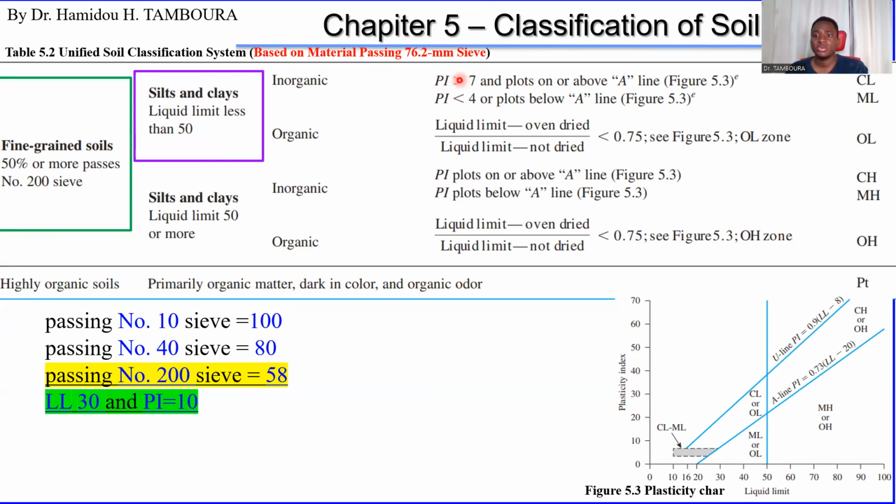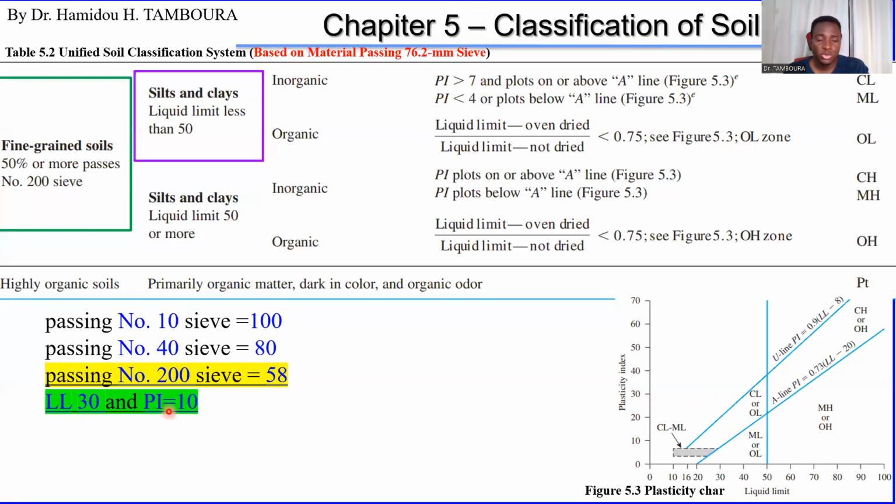It means that we are in this case, the plasticity index is higher than 7. And it's saying here higher than 7, and the plot is on or above line A. This one condition is validated already. The plasticity index is higher than 7 because it is 10. Then we can check if the plot will be above the line A or not.